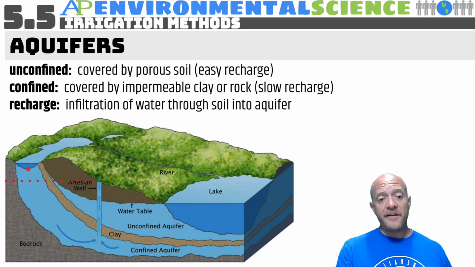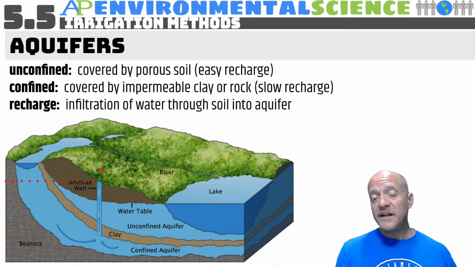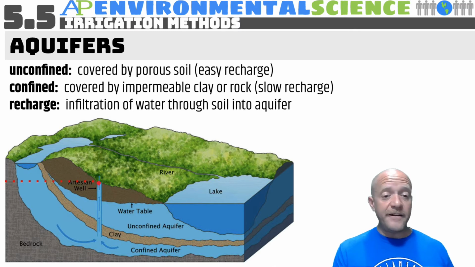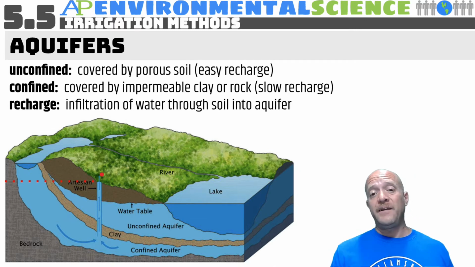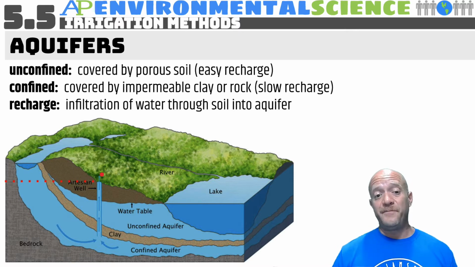So this water is pressing down, providing pressure, and the only place it can go is up through this artesian well. So this well will constantly flow. If you dig an artesian well into a confined aquifer, it will flow naturally. There are also artesian wells that do flow naturally, and some of the bottled water that we get from certain sources can be from artesian wells.